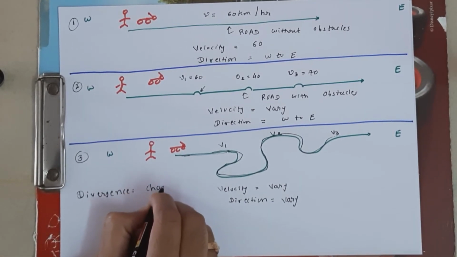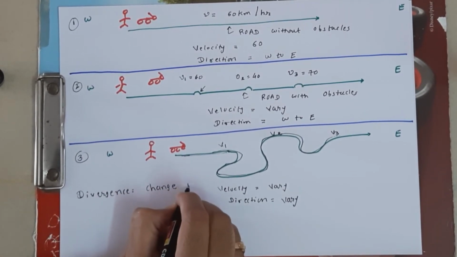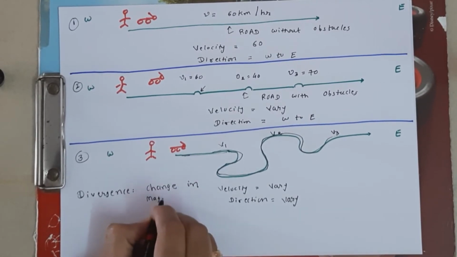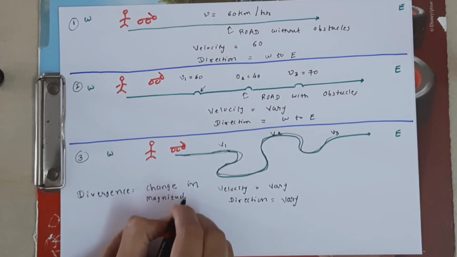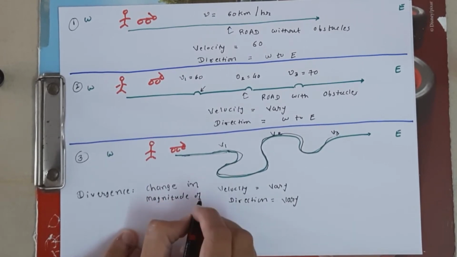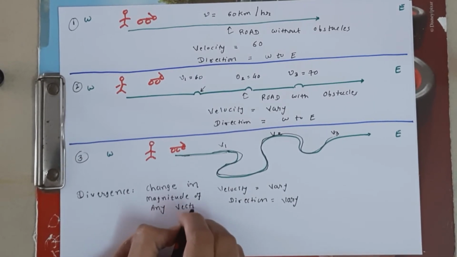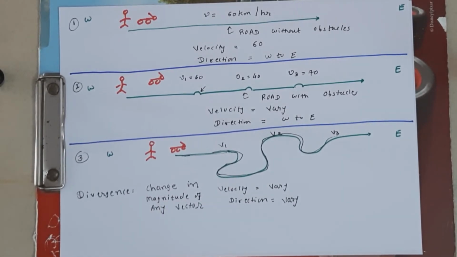Divergence says how much the magnitude of any vector quantity changes. How much the magnitude of any vector quantity changes is indicated by the divergence.